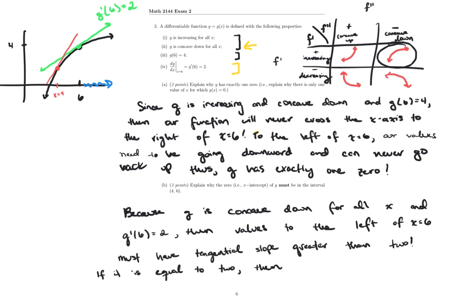we can use linear approximation to see that it would have to hit the x-axis at x equals 4, right? Because since the slope is 2, I would be going down 2 over 1, and then down 2, and then over 1, right? And so that would hit it at x equals 4. If it is equal to 2, then we would cross at x equals 4.